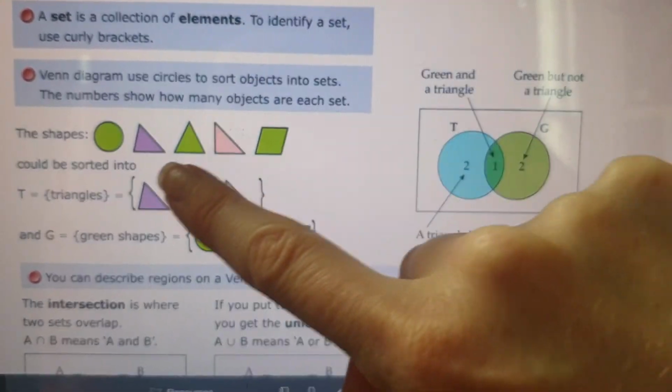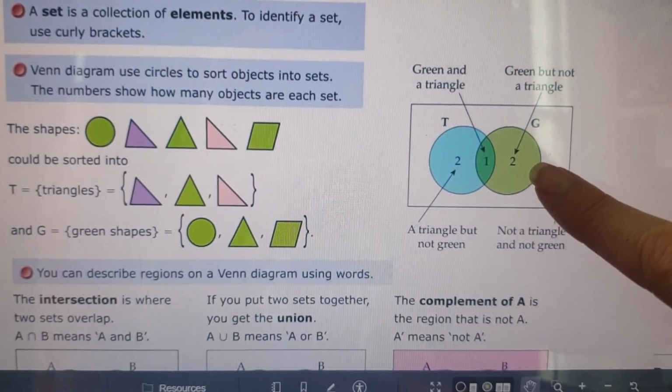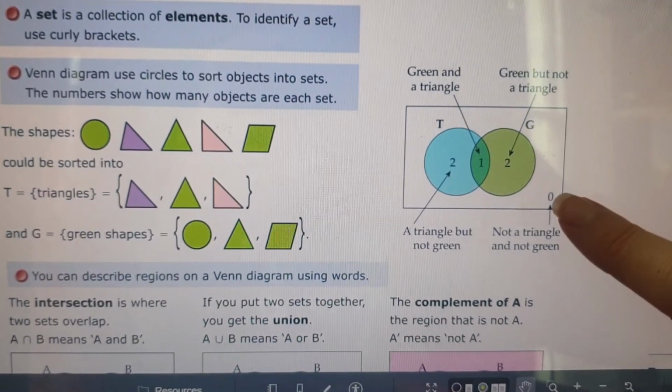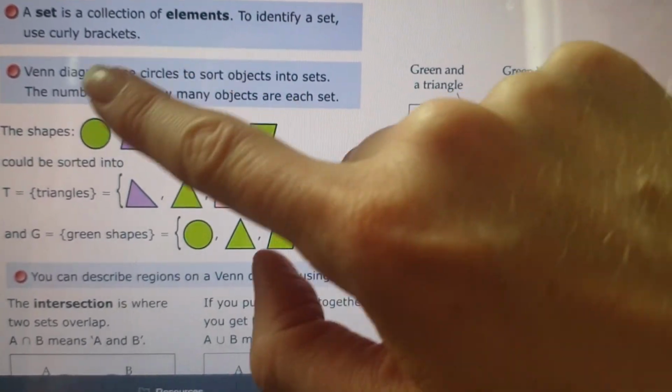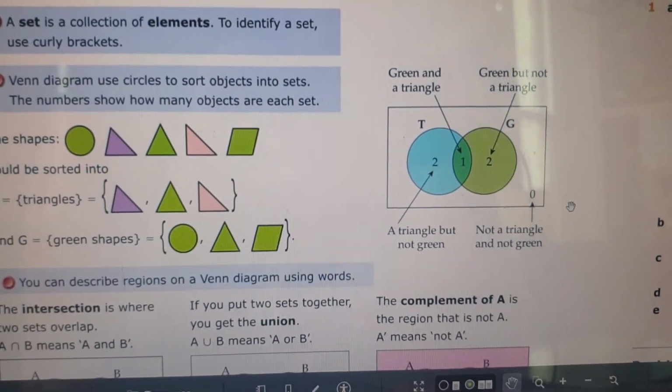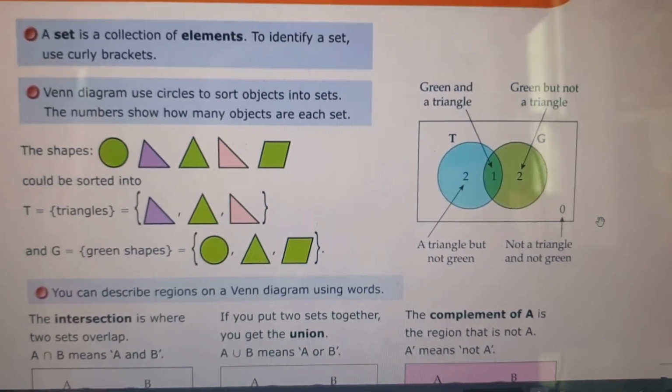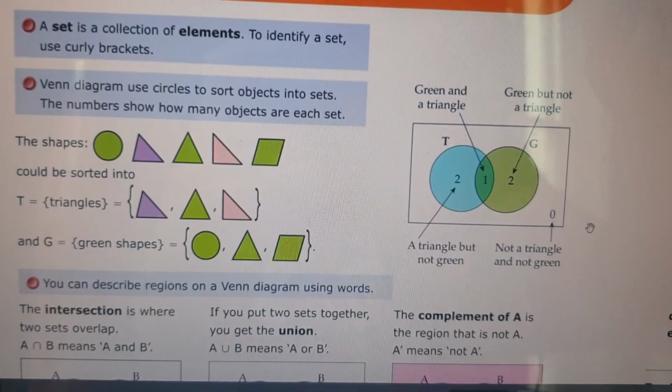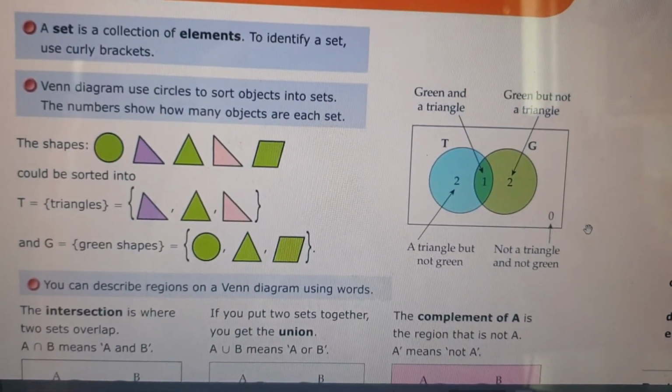And then there are 2 more green shapes, so 2 goes there. And this is 0 because there aren't any shapes which are not either green or a triangle. So there's no shapes that are both not green and not a triangle. So hopefully that makes sense as to how we set up a Venn diagram.